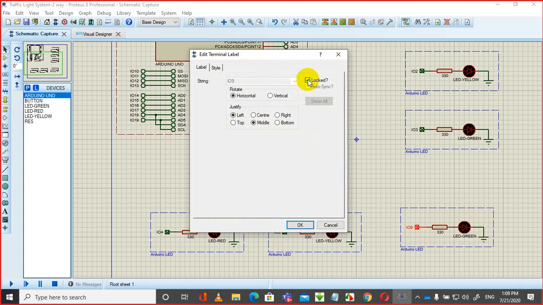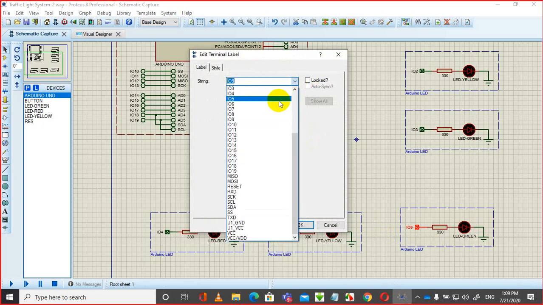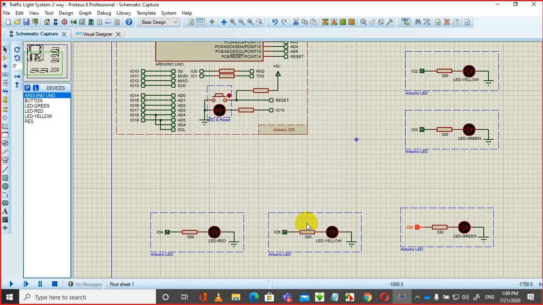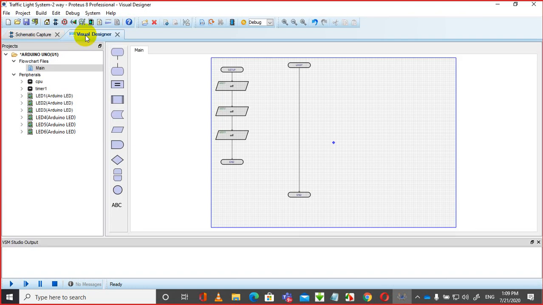Okay, for the second lane. So I think first lane pin number 1, 2 and 3, second lane pin number 4, 5 and 6. So let's go to the Visual Designer.